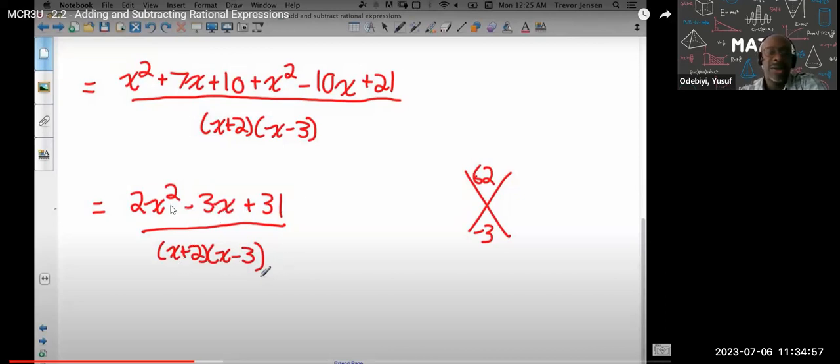So now two numbers that multiply together give you 62, and when you add them together, give you -3. What could those two numbers be? Two numbers that add together to give you -3. When you multiply them together, you get 62. Let's see.